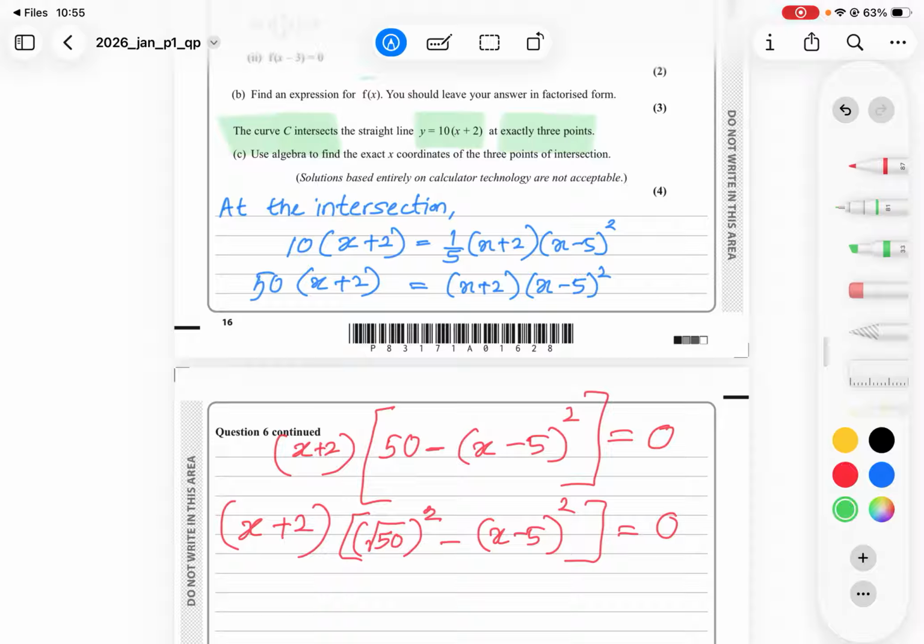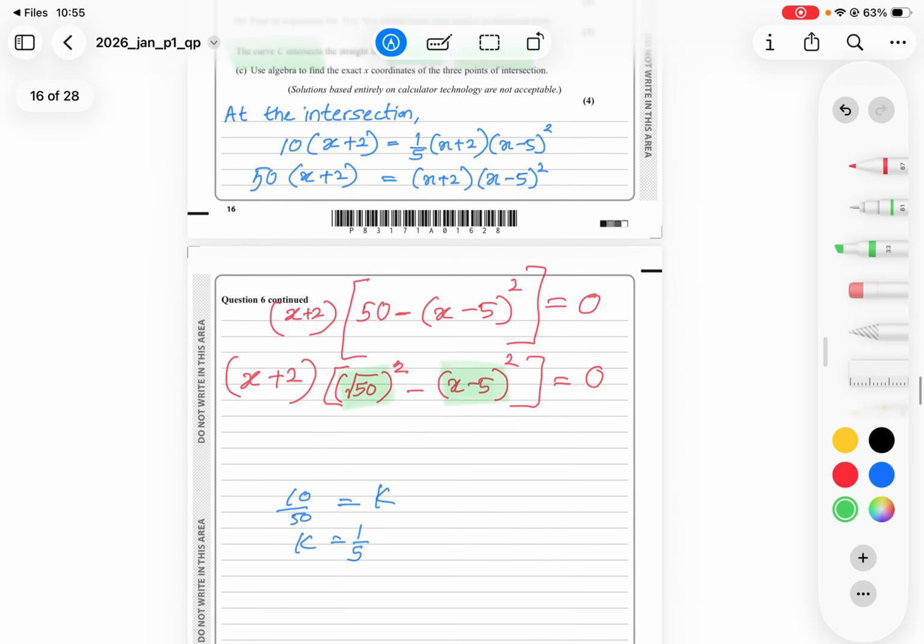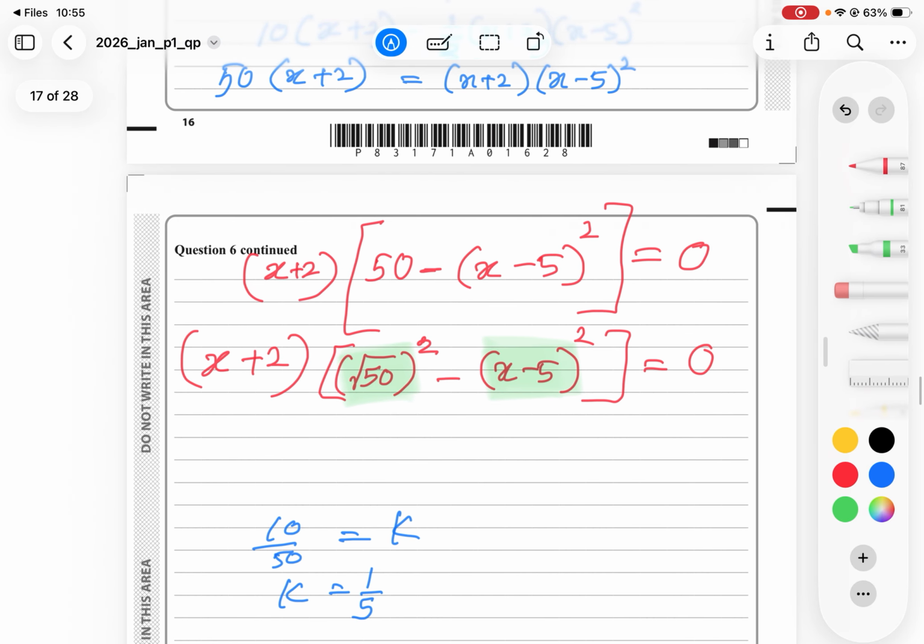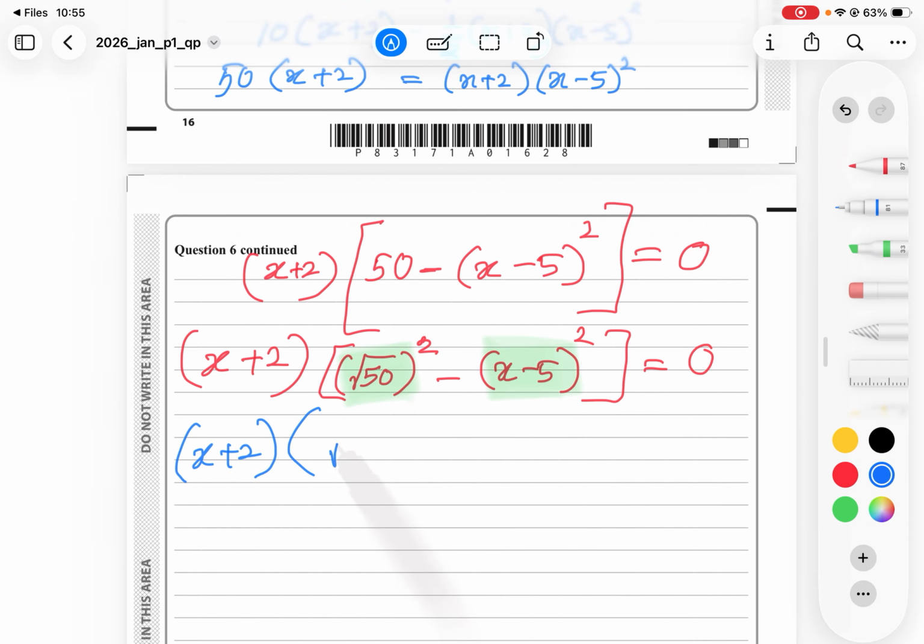We know this is a difference of two squares, so we can further factorize it. x + 2 remains unchanged, and this would be (root 50 minus (x - 5)) and (root 50 plus (x - 5)) equals 0.